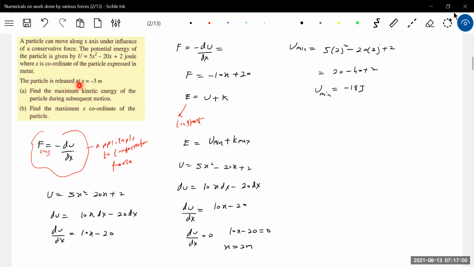It is released from rest. The particle is released at x equal to minus 3. At x equal to minus 3, what is the state of the particle? It should be at rest. Then whatever energy it has must be in the form of potential energy only. And do we know the potential energy at x equal to minus 3? I'll substitute here.